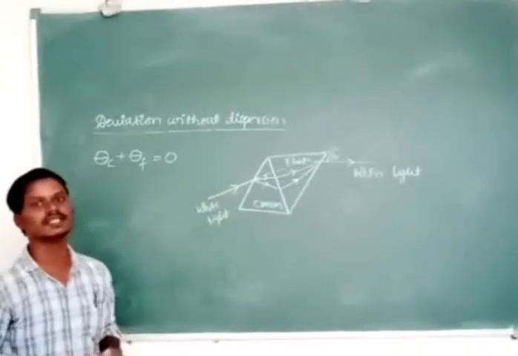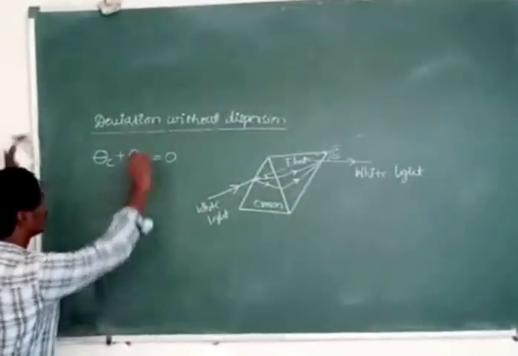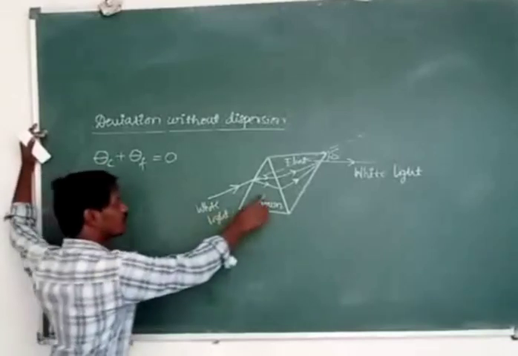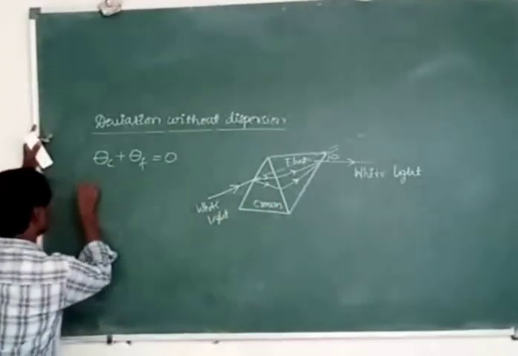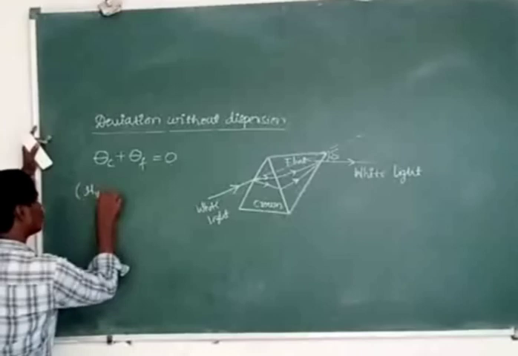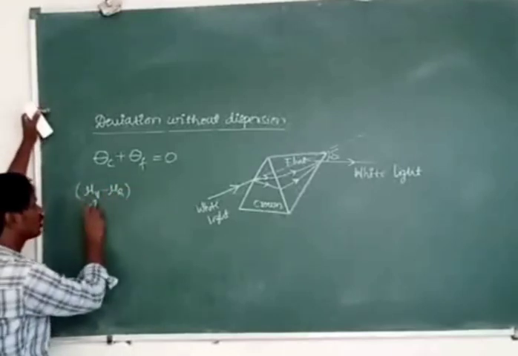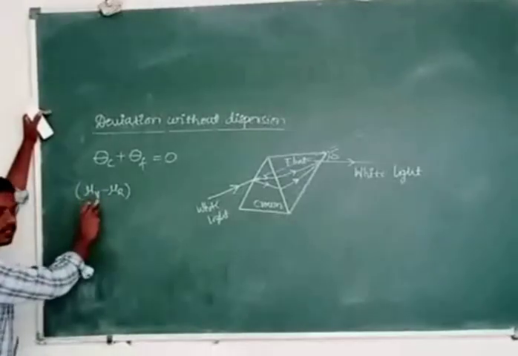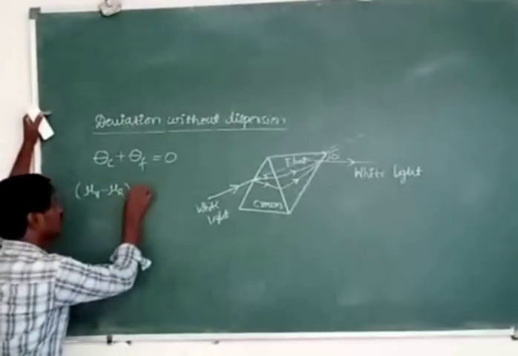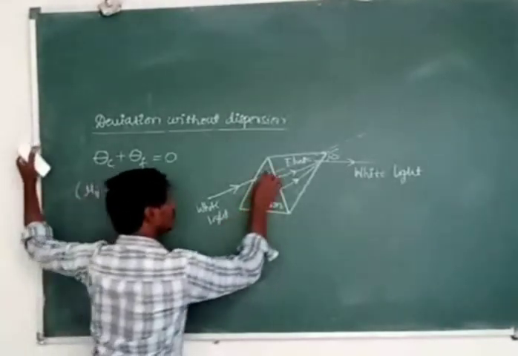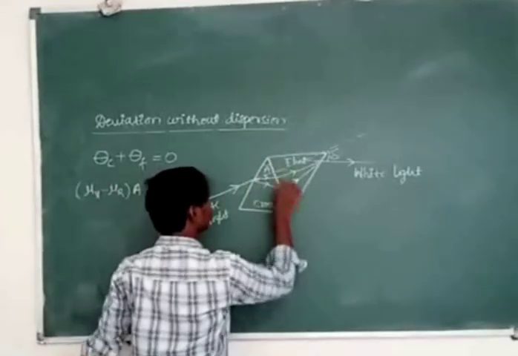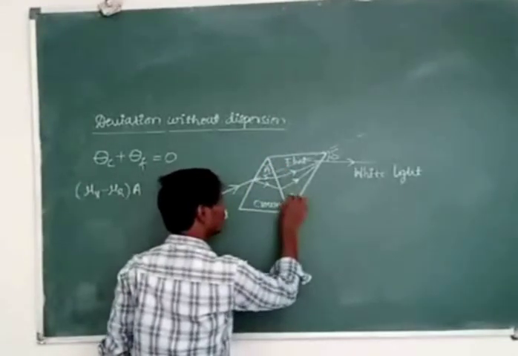Then the angular dispersion due to the prism of crown glass, we can write (mu v minus mu r) into A, because the refractive index of the material of the prism is greater for the violet color and less for the red color. The angle of the prism I will take as A, and the angle of this prism I will take as A dash.